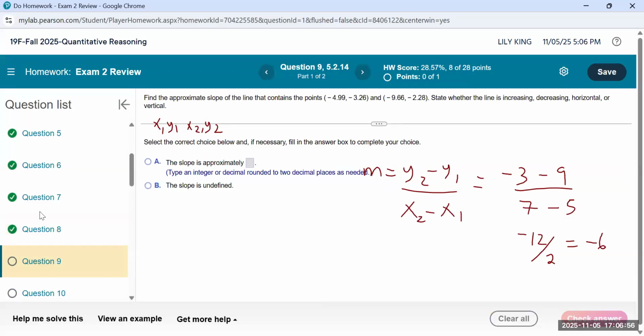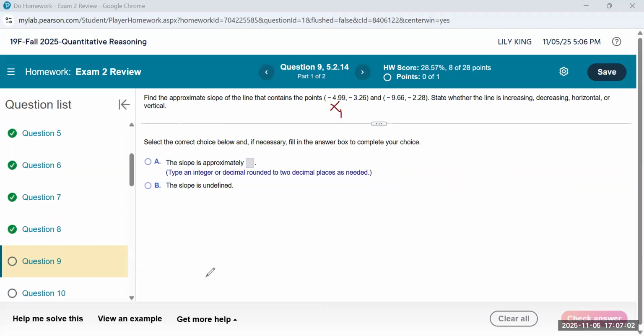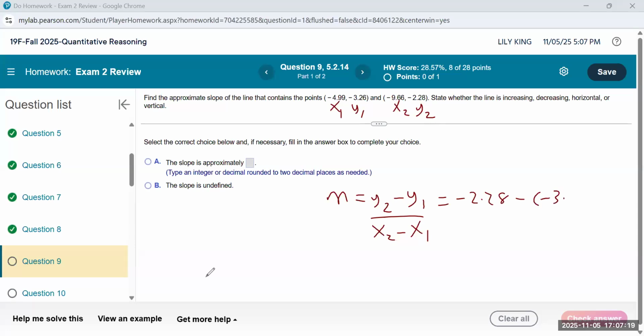And next one is similar to question 8. Label the coordinate as x1, y1, x2, y2, and using the slope formula, which is y2 minus y1 over x2 minus x1, we have -2.28 minus 3.26. You have to be careful here when you have a lot of negatives.